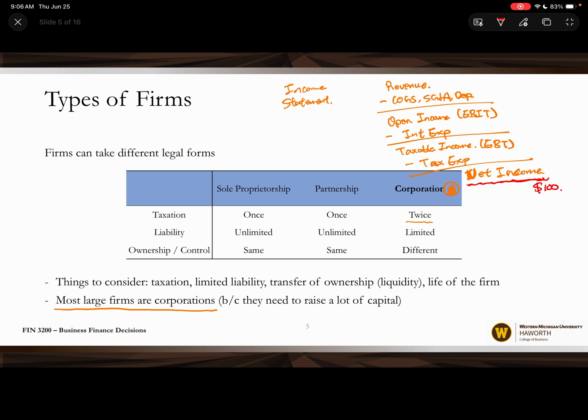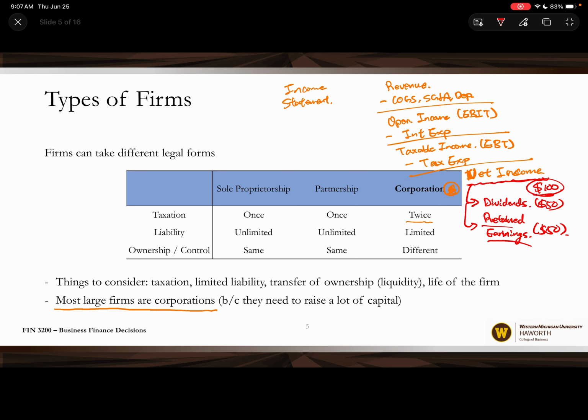The firm is then going to decide how much to pay out in dividends. Let's say they pay out $50 in dividends, and they retain the remaining $50 in the firm in the form of retained earnings for future growth.